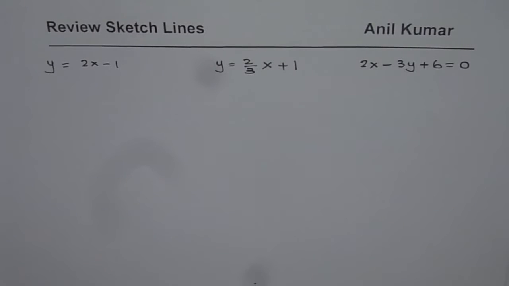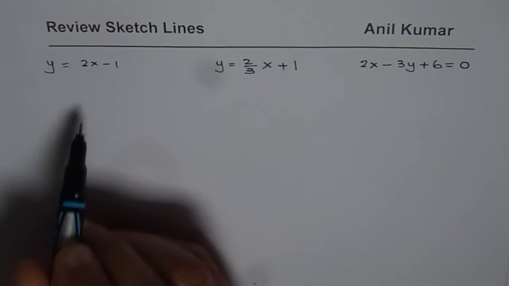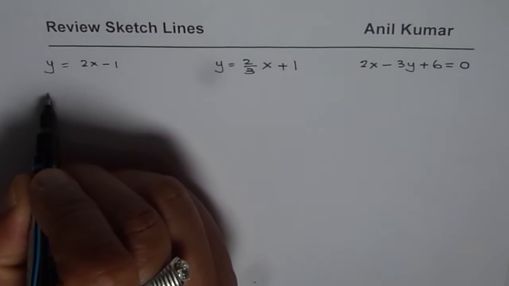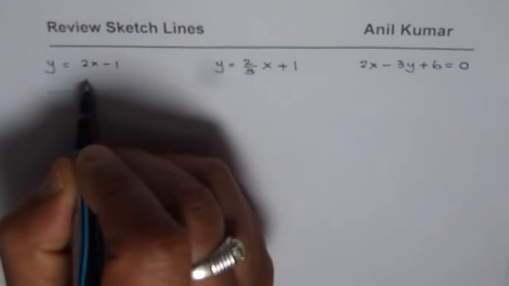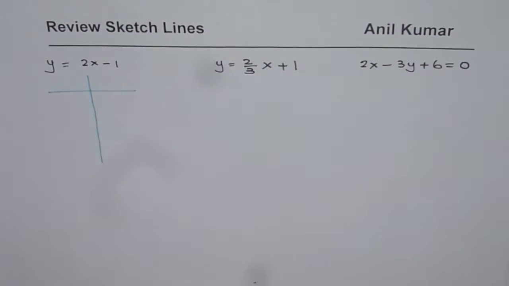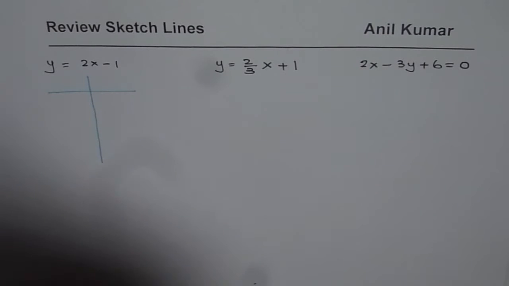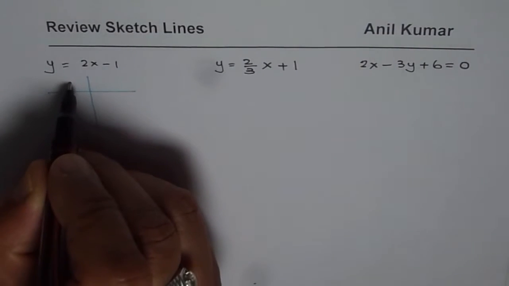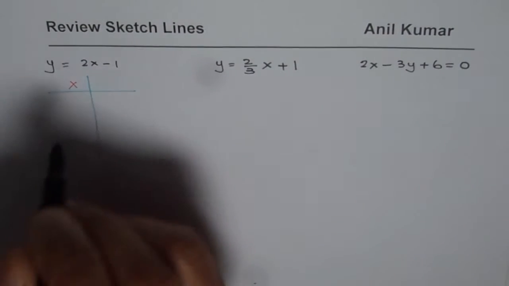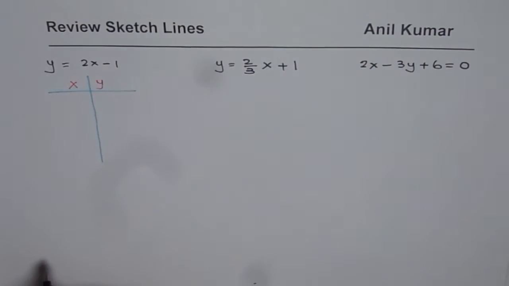The very first one, y equals 2x minus 1, will adopt the method of selecting points and then plotting them on a graph. So what we do here is make a table of values. In a table of values we write the independent variable x on the left side, the dependent variable y on the right side, and we take key points.